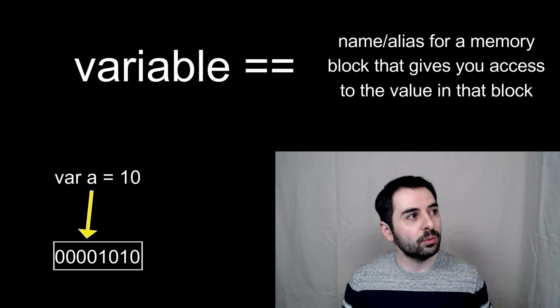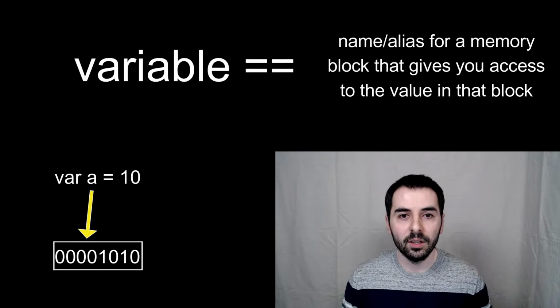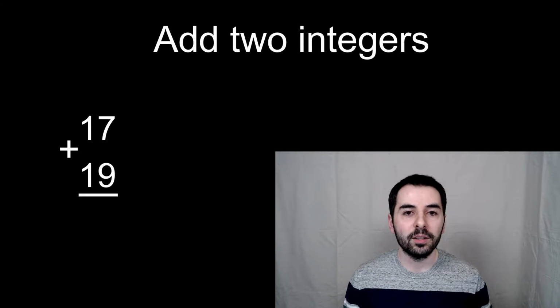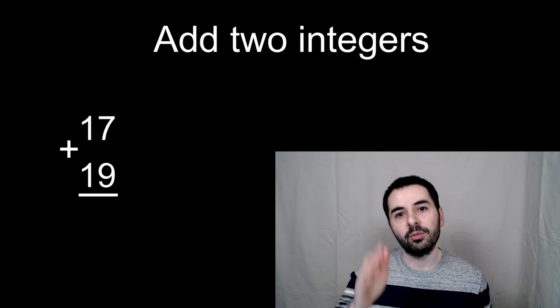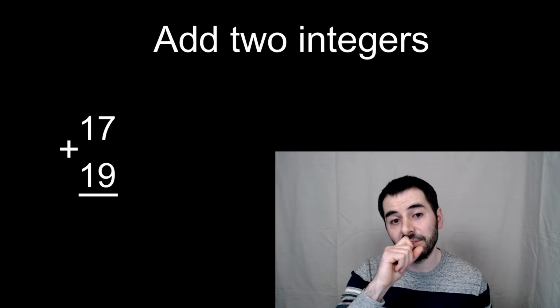To make sure we understand what we are talking about here, let's think about two very simple problems. One is adding up two numbers when we write them under each other and start adding up from the rightmost digit, basically the least significant digit.